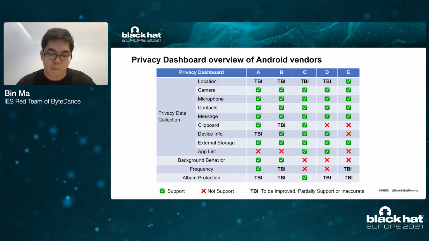For example, partially supported or inaccurate, so we marked it as TBI. For background behavior and frequency, only a few vendors can support it well. For some custom functions like album protection, most of them are inaccurate. We will discuss this later.